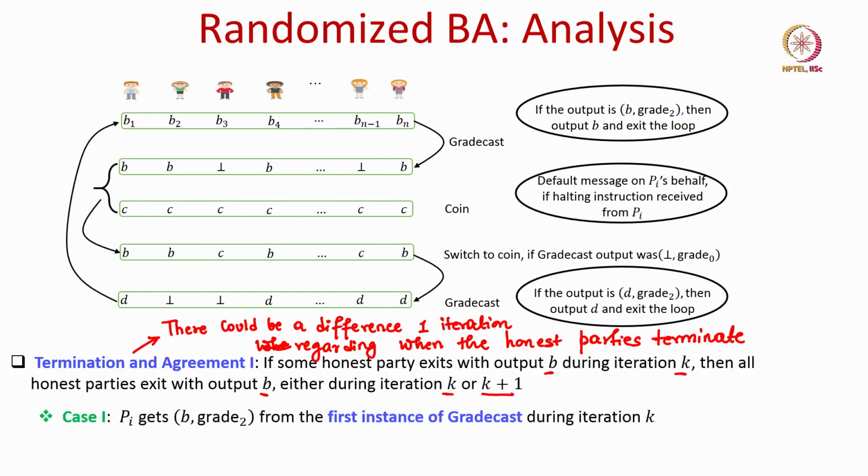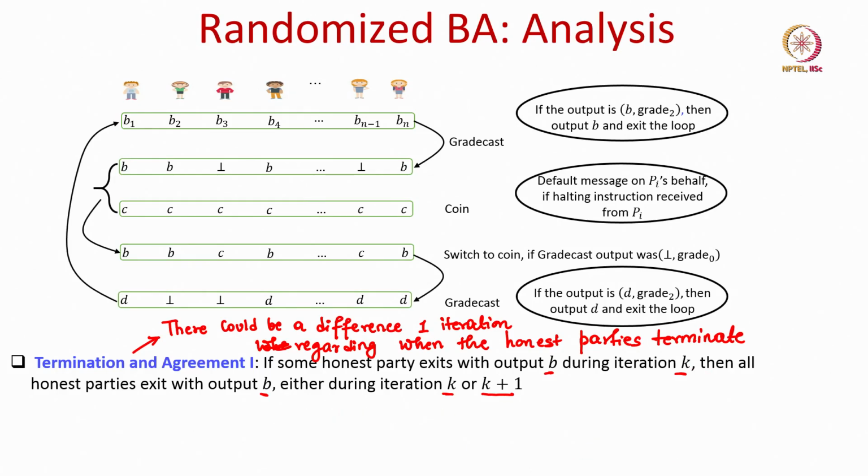So, when exactly does a party terminate? When it obtains the highest grade output during an instance of Gradecast. So, suppose Pi is the first honest party to terminate during iteration k.